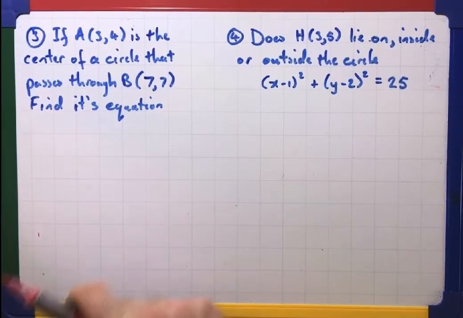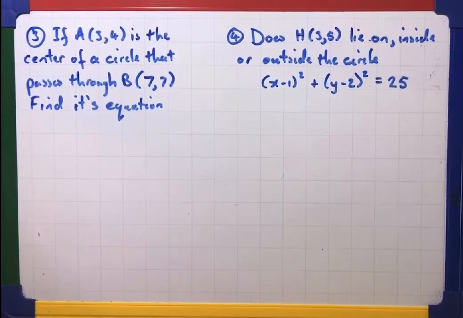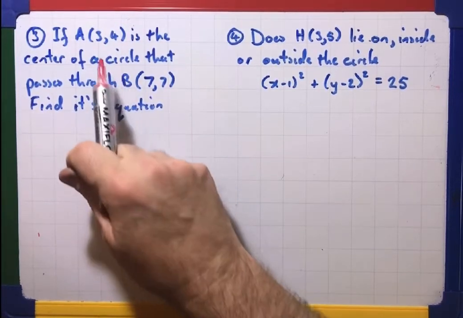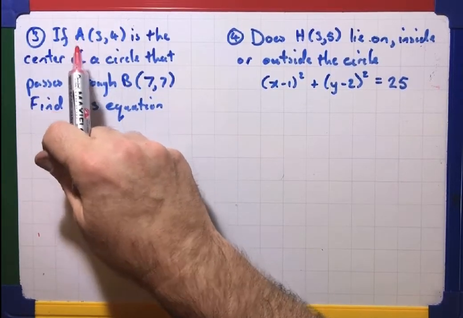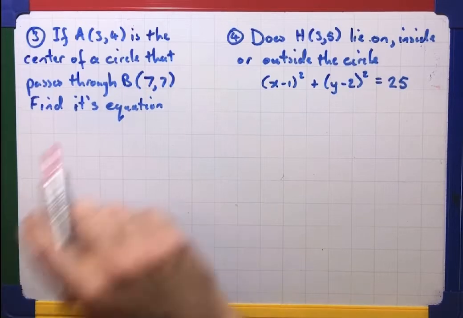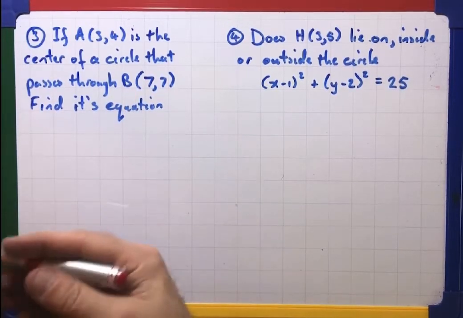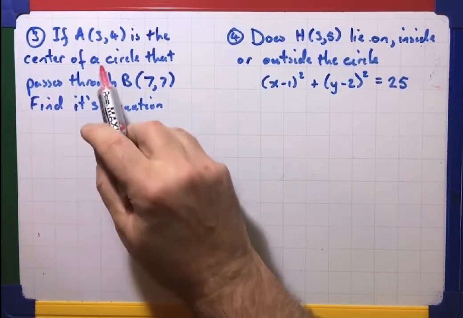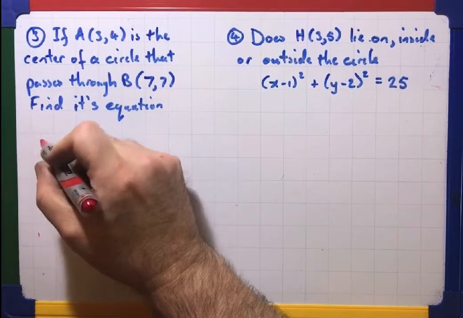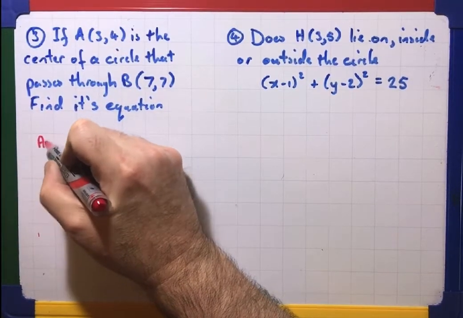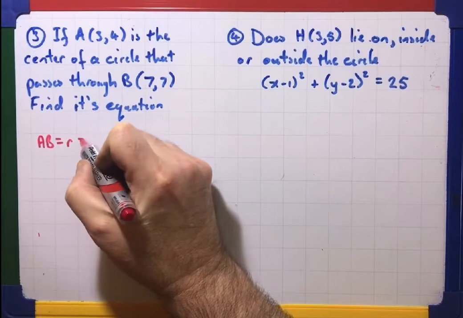Looking at this third question, it's saying A (3, 4) is the centre of a circle that passes through the point B (7, 7). Find its equation. Remember the distance from the centre to the circumference of the circle is the radius. So I need to work out AB, because that's the radius.